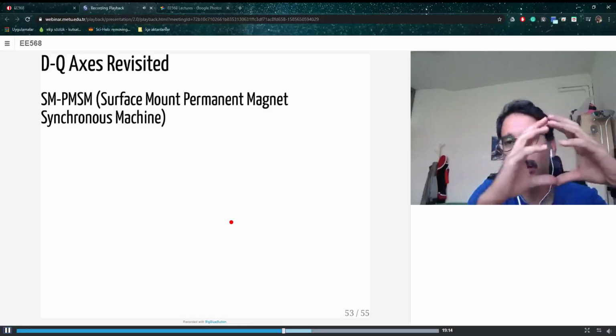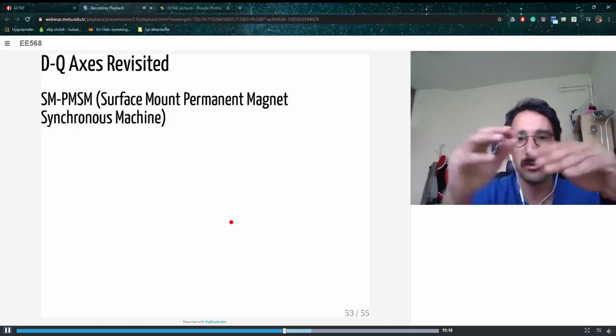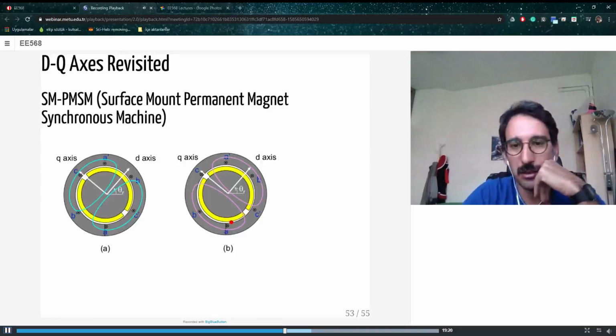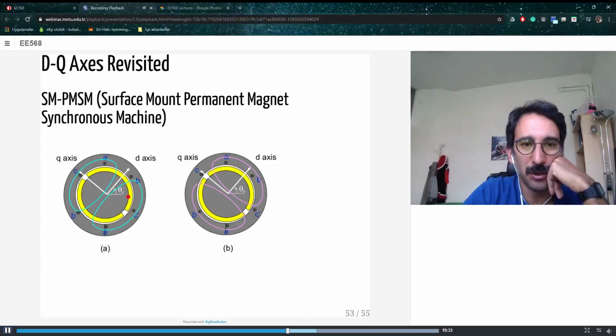That means you have the rotor surface and you are not doing any machining to the rotor surface, but you are just placing your magnets on top of that one. So basically you have that waveform. The gray bits are your iron part, yellow is the permanent magnet. Sorry, this is your rotor, this is your stator.